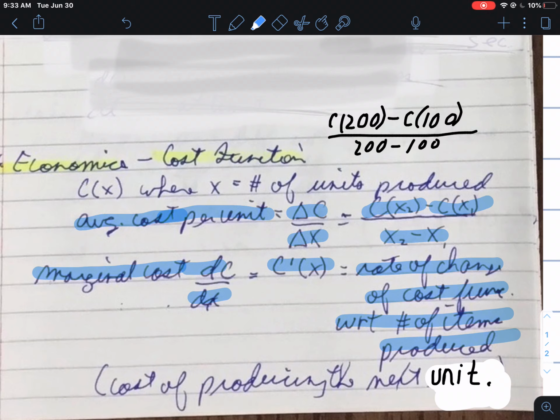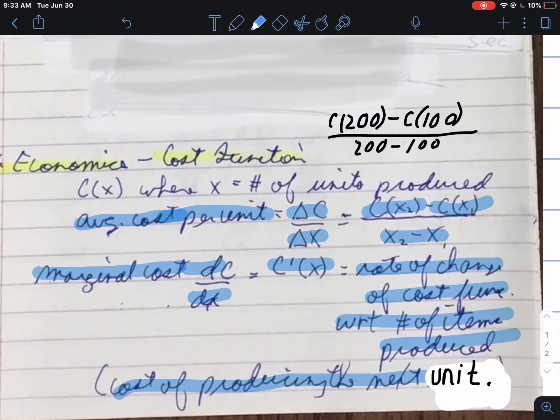We call that marginal cost, and in basic context, and this is a very important piece of information in manufacturing, what that gives you is the actual cost of producing the next unit. That's different from average cost, because average cost tells you the average cost of producing each unit over, say, a product run between 100 and 200 like I had earlier.